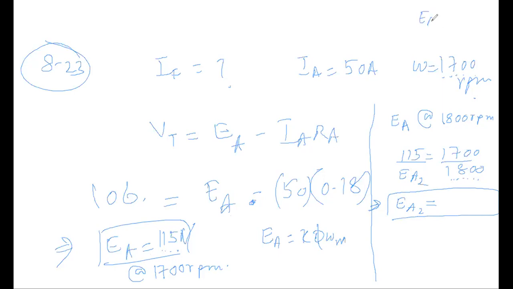Again, we make use of the fact that between these two operating points, K is not changing, phi is not changing. The only thing that is changing is the RPM. So between the first operating point and the second, we are assuming that we are not changing the field. Okay, so this EA2, can anybody tell me the value of EA2? It is 121.76. That is correct.